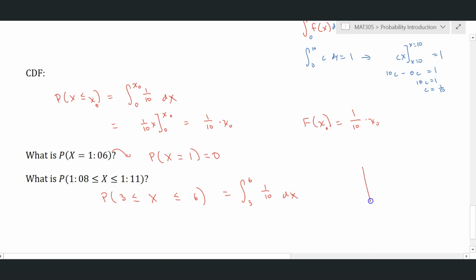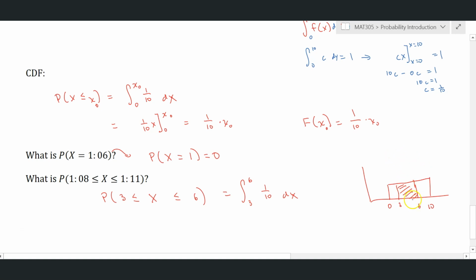Now, it's pretty easy to think about it in terms of our function if you realize that it's pretty much just length times width. So if I want the area from 3 all the way up to 6, I just have to think about what's the area of that rectangle right there.